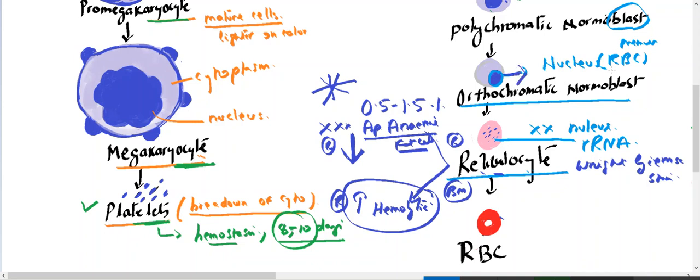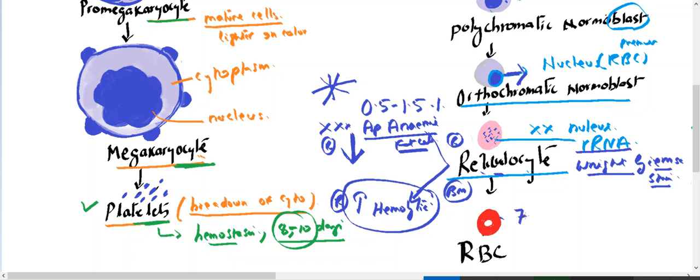Then it forms the reticulocyte, without the nucleus, because the nucleus has already come out. It contains granules of rRNA, which is stained with Wright-Giemsa stain. It also stains with methylene blue stain. So the next cell formed is the RBC.